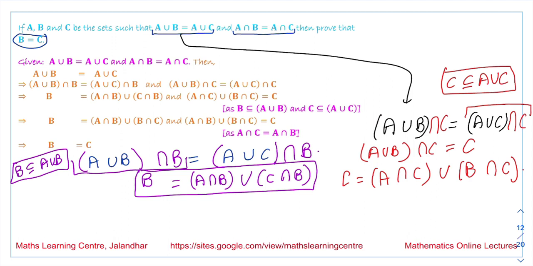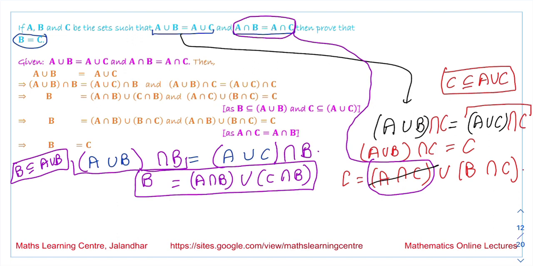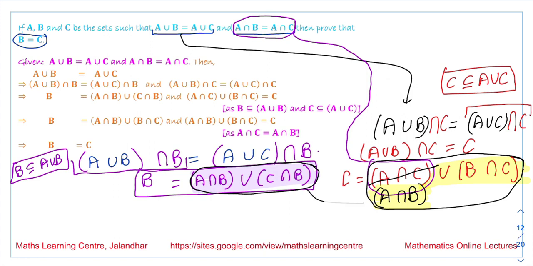Now over here it is given that A intersection B is equal to A intersection C. So in place of A intersection C we can write A intersection B. Now look at these two terms: A intersection B union C intersection B, and A intersection B union B intersection C. So the right hand sides of both these equations are equal.